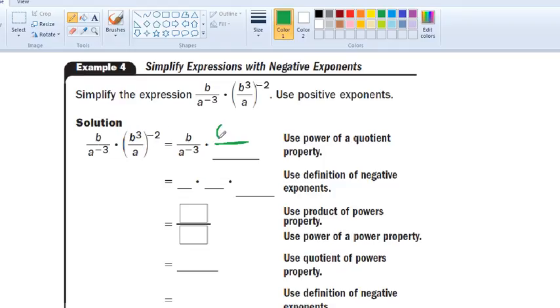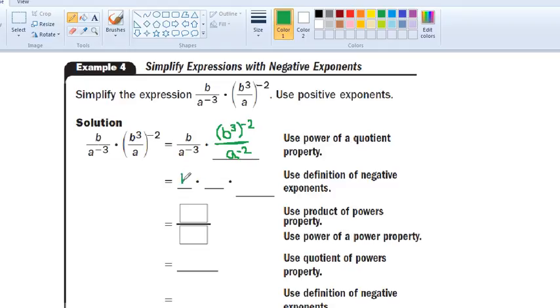So this is b to the third, and we're going to apply the negative 2 exponent to that. But we've also got to apply it to that bottom thing. The a has to have a negative 2 applied to it. So again, all we've done here is taken that negative 2 and put it there, which is one of the properties that we have.